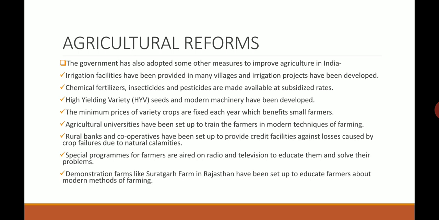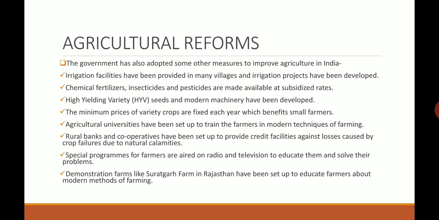There are many agriculture universities being set up so that the farmers could get trained and are able to use modern agriculture techniques. There are many rural banks and cooperative societies set up to provide credit facilities for agriculture purposes, and also against the losses caused by crop failure due to natural calamities.